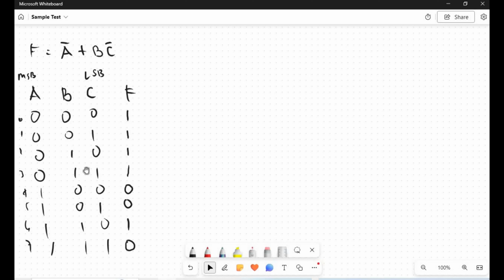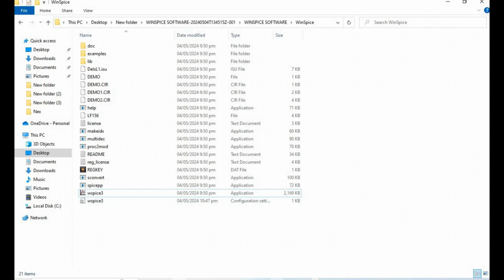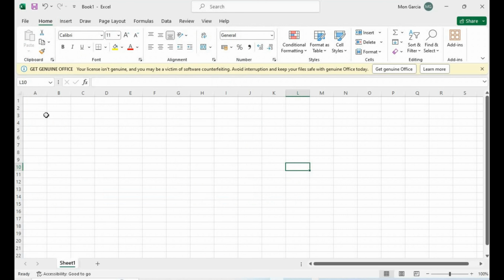So another way of generating the truth table is by using Excel. So you can use an Excel file.